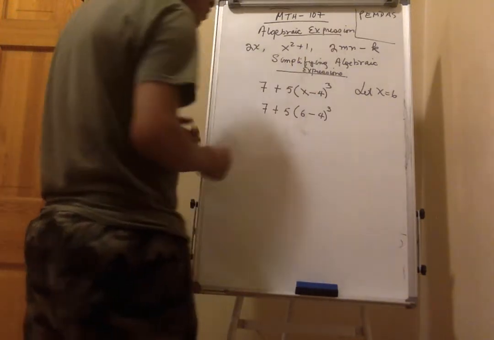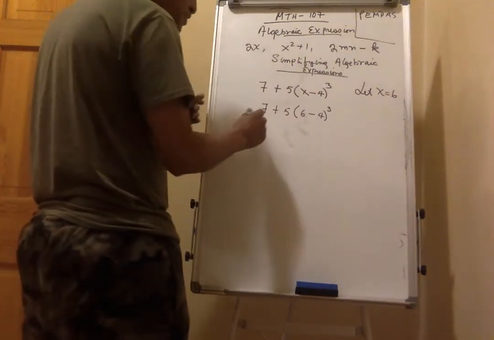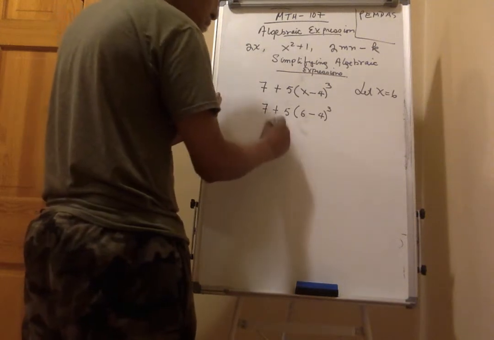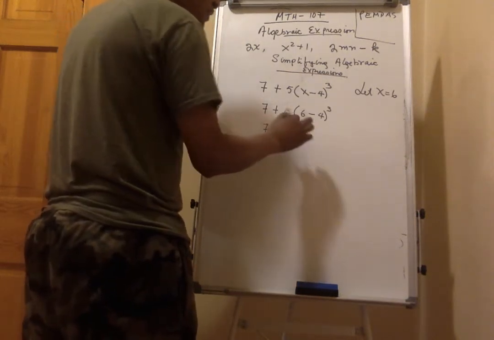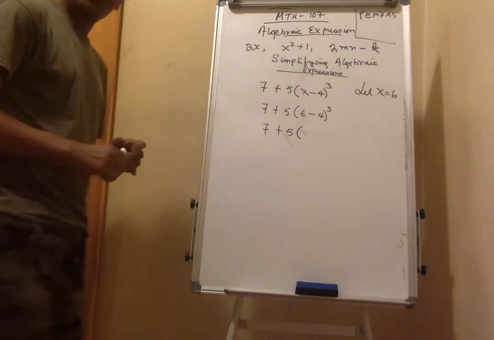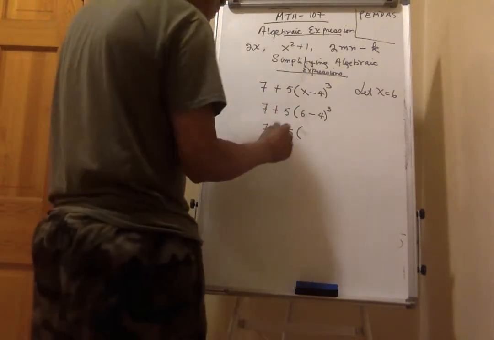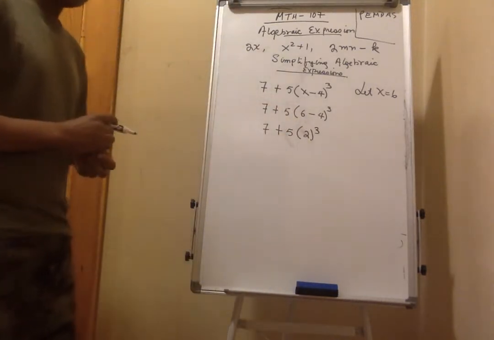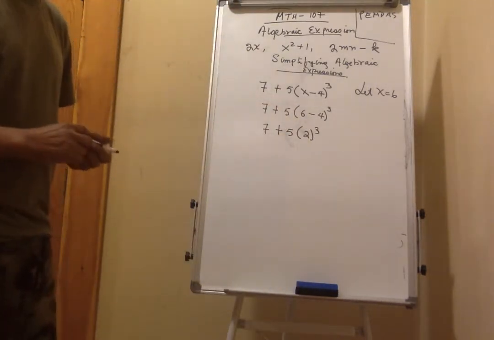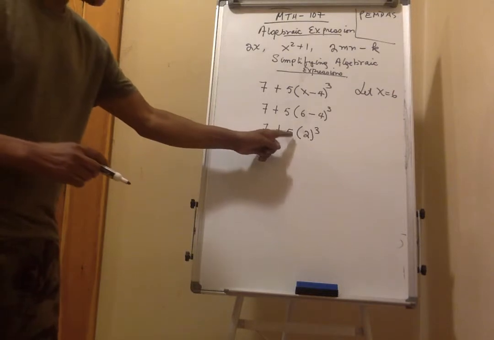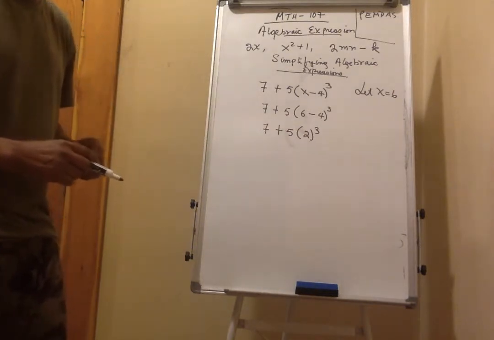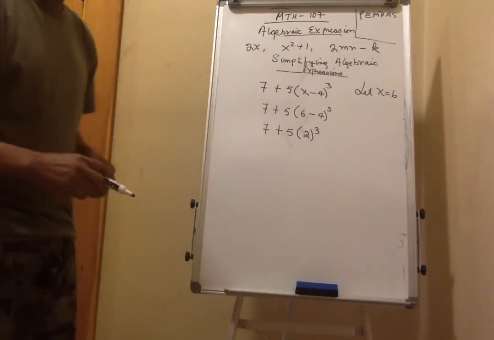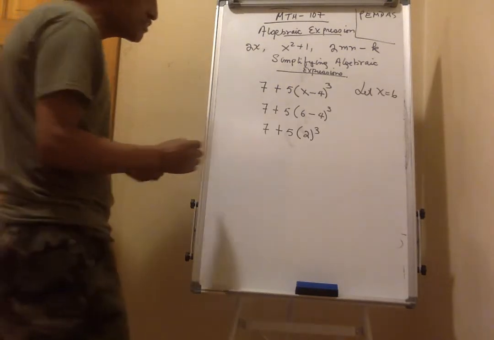So, according to PEMDAS and using the order of operations, you would end up with 7 plus 5. Then we have to simplify the one inside the parentheses. 6 minus 4 is 2, raised to the third power. Right? Now, before I multiply this by 5, I have to raise 2 to the power of 3, because that's what the order of operations tells me.